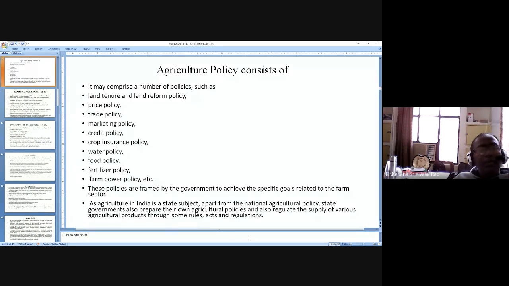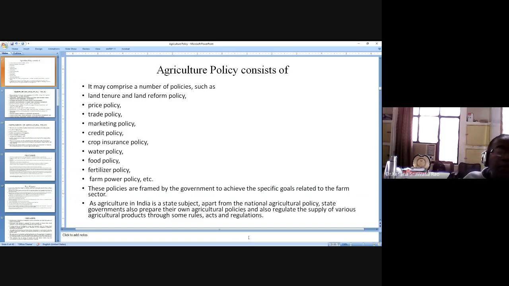Then the food policy, the food grains policy, which is going to be useful for the majority of the people, who will depend upon the food grains policy.